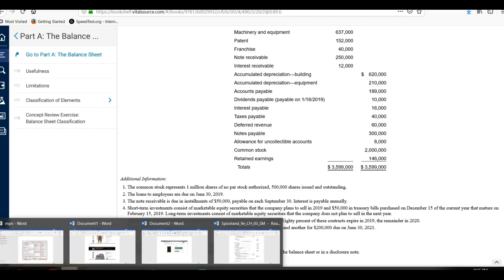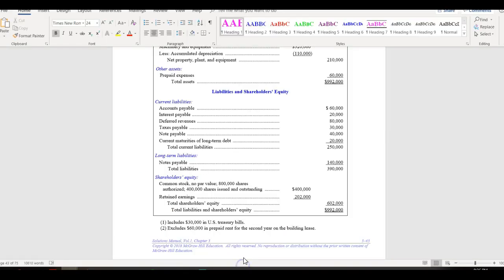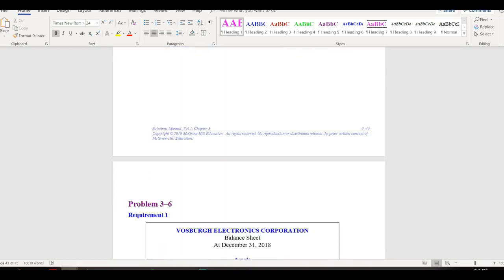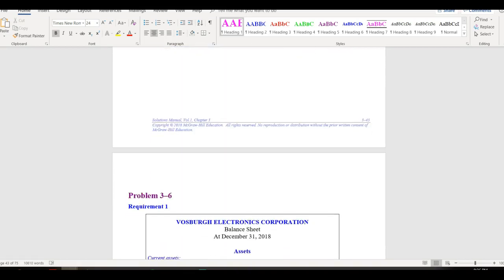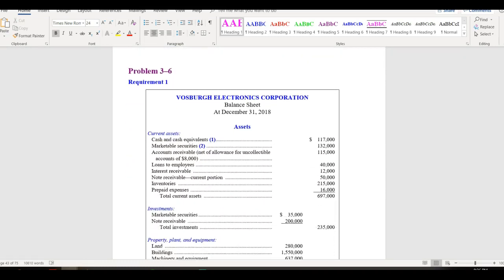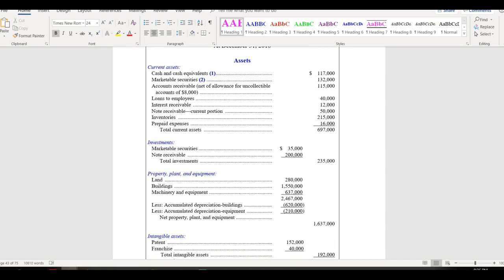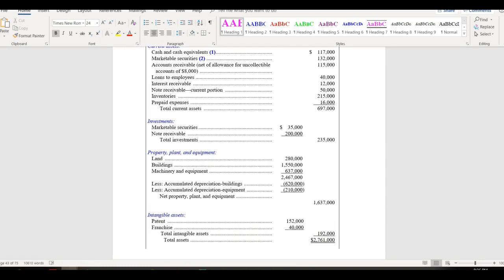So as you can see, I am just going to jump to 3.6. Again, our cash and cash equivalents would include the treasury bonds. We would separate out those marketable securities. Our accounts receivable, we would show net of any uncollectible accounts.